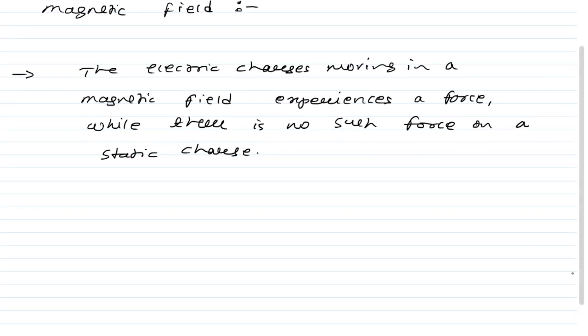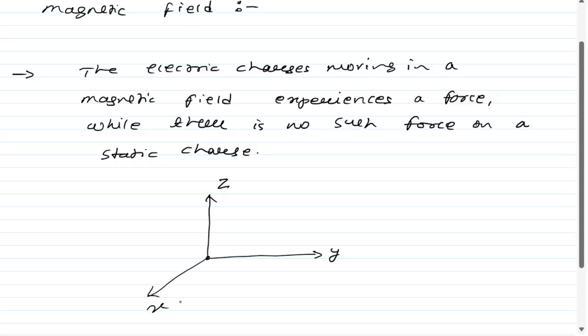Okay, so now next to that, how do we define the magnitude of force? For that, let us assume this is the y axis, this is the z axis, and this is the x axis, and the charge is moving with the velocity v, making an angle theta with this particular y axis.